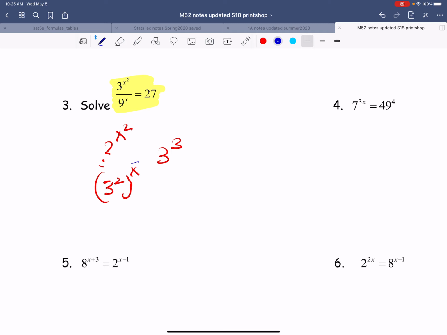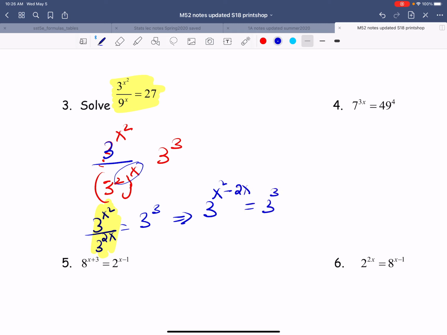These two exponents are going to multiply to each other, right? So 3 to the power x squared over 3 to the power 2x equals 3 to the power 3. Now, I can use the quotient rule of exponents. I do have the same bases, different exponents, so I can subtract the exponents. So this becomes 3 to the power x squared minus 2x equals 3 to the third power.